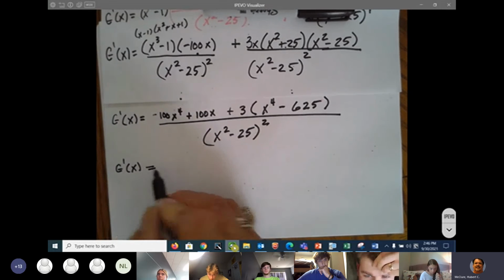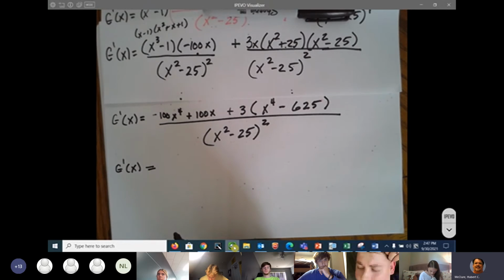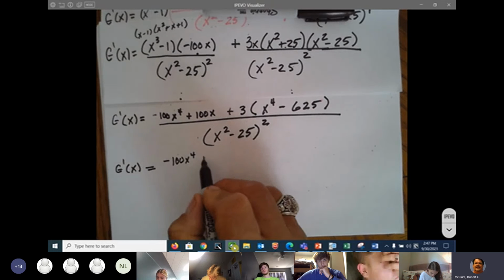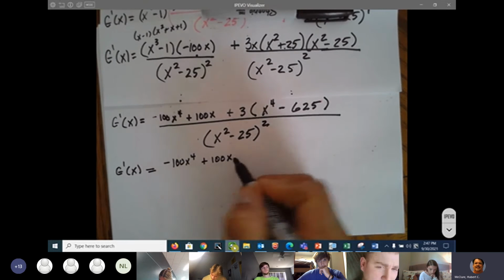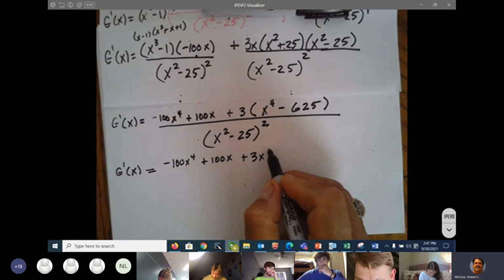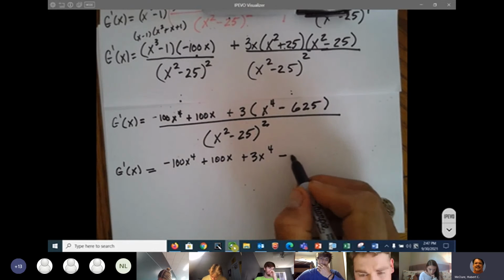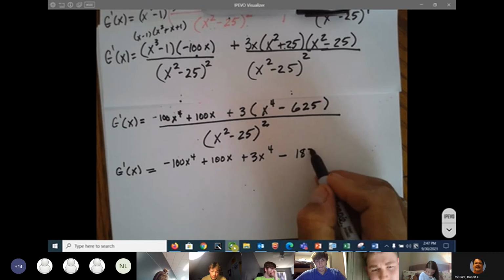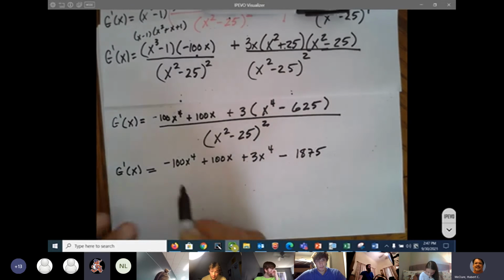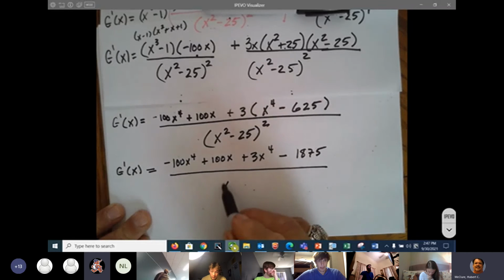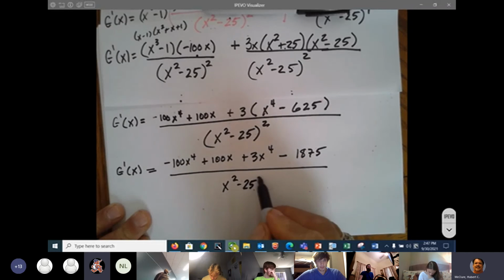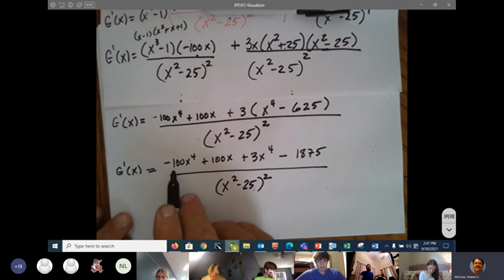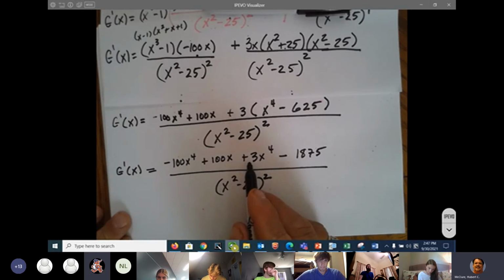Is equal to negative 100x to the fourth plus 100x plus 3x to the fourth minus, good gracious, 1875, all over x squared minus 25 quantity squared. Negative 100 plus 3 is what?